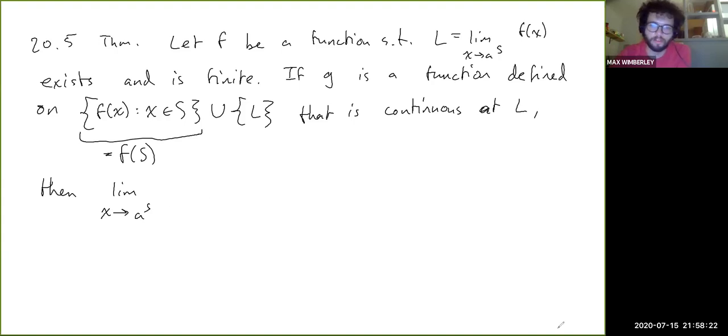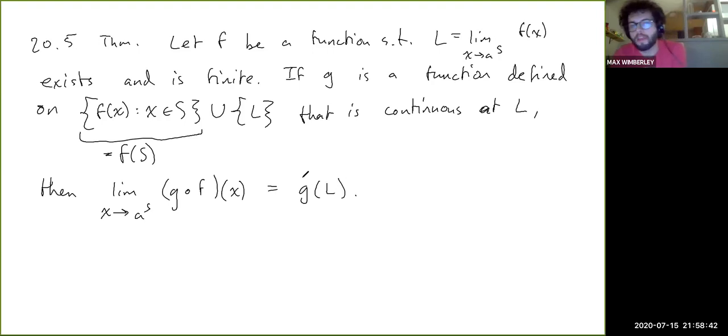That's what prevents this scenario from happening. Then the limit of g composed with f of x as x approaches a along S exists and equals g of L.